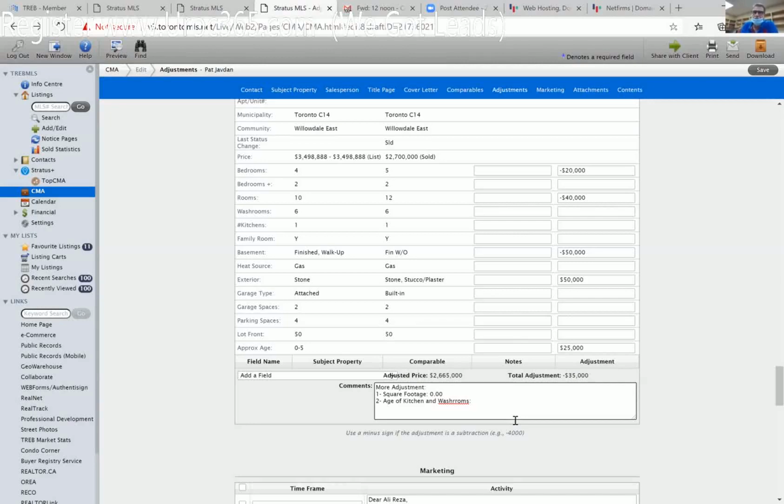For the washroom, around 3,000. For the kitchen it becomes 10,000 plus, almost 25,000. 25,000 should be considered here.